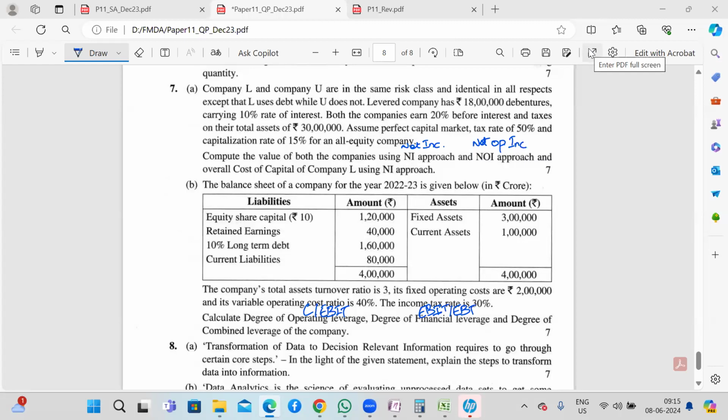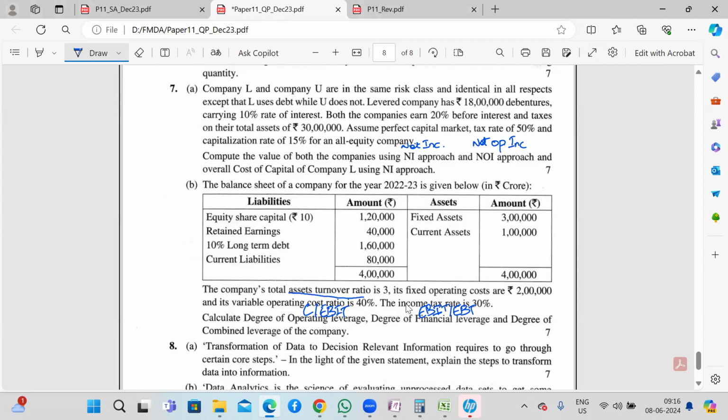So here we need to calculate contribution, EBIT and EBT. For calculating contribution, we need sales and variable cost. So for sales, they have given indirect information only. That is total assets turnover ratio they have given. So what is the formula for asset turnover ratio?